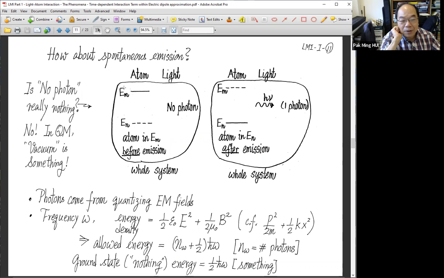Before spontaneous emission occurs, the atom is in the excited, higher state, and the light part has no photon, so nothing. And then afterwards, the atom is in the lower state, and there's one photon. So that is the description of the atom plus light system.